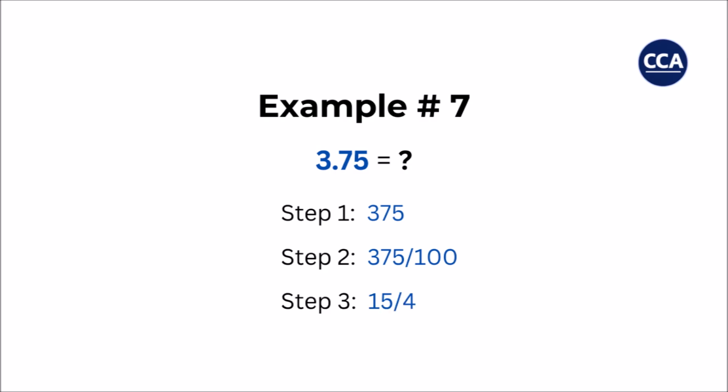So, 375 over 100 becomes 15 over 4. And if you want to write it as a mixed number, it becomes 3 whole and 3 over 4. So, 3.75 is equal to 375 over 100. It's also equal to 15 over 4, and it's also equal to 3 and 3 over 4. This is a really good school-level example.